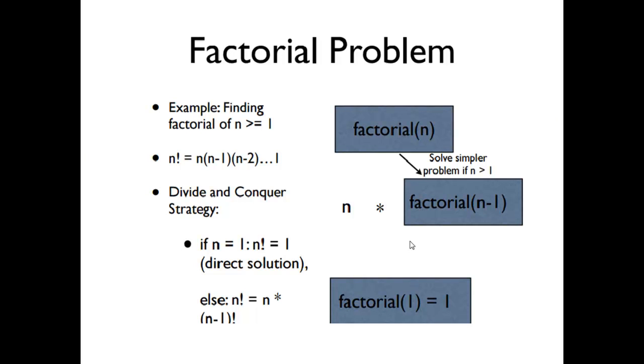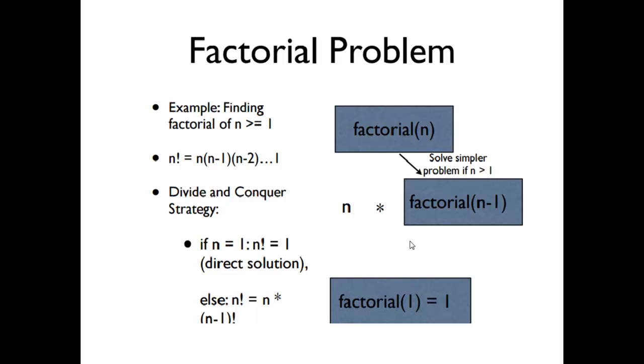So how do you solve this problem of factorial? The example we are taking here is finding the factorial of n which is greater than or equal to 1. So what you generally have is n factorial is n into n minus 1, n minus 2 etc. up to 1.